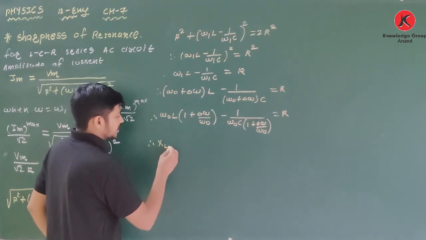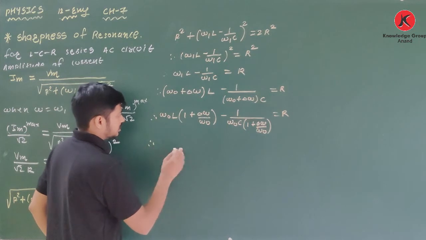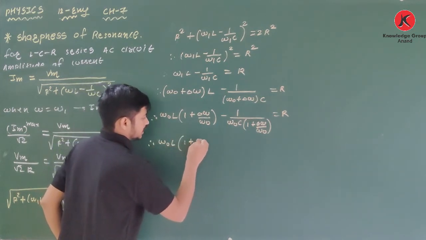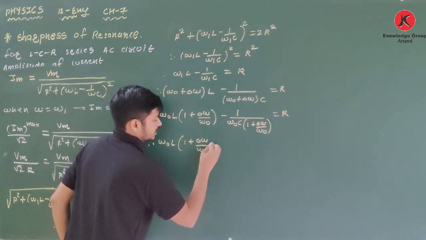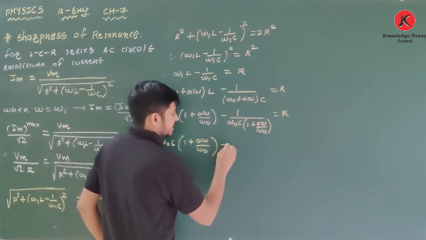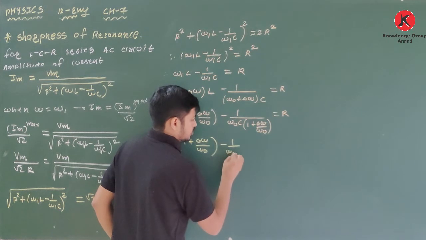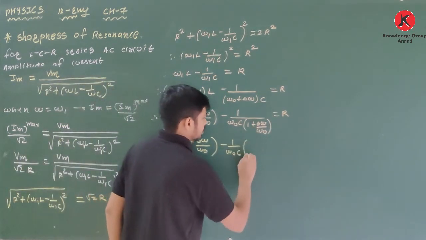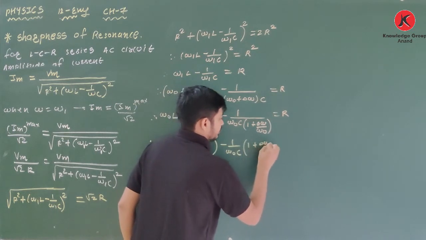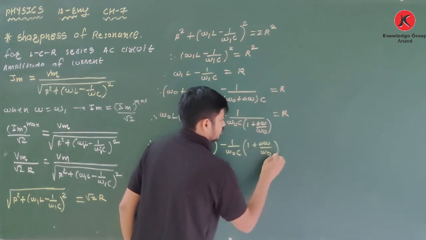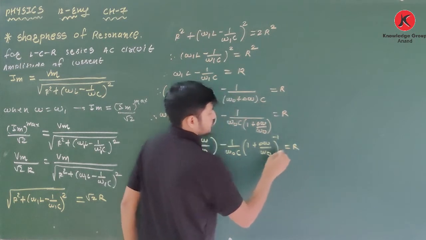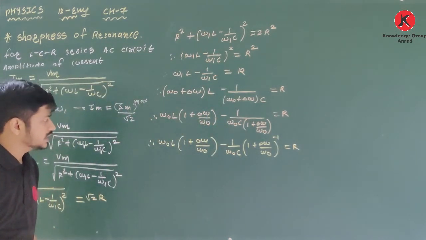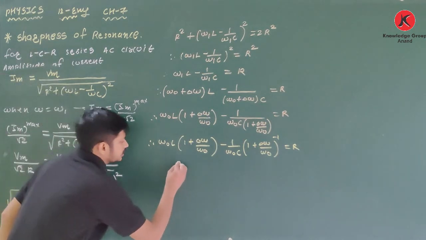That is omega 0 L, 1 plus delta omega upon omega 0, minus 1 upon omega 0 C. I can write this term in numerator as 1 plus delta omega upon omega 0 raised to minus 1, which is equal to R. Yes or no? Yes.